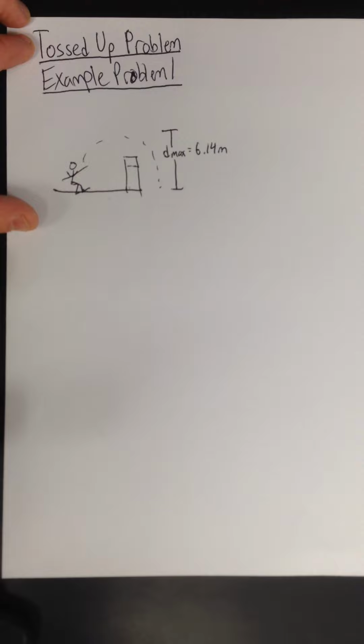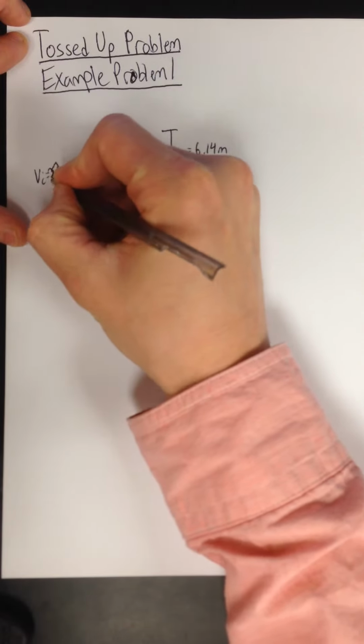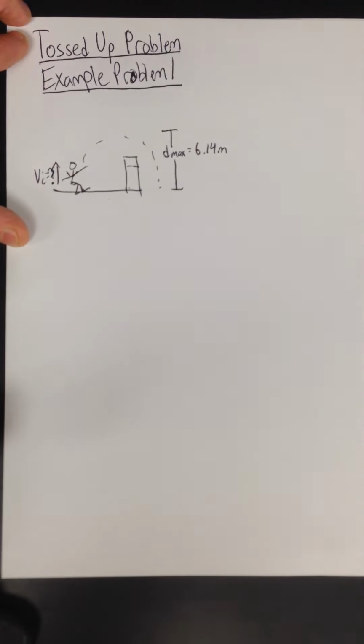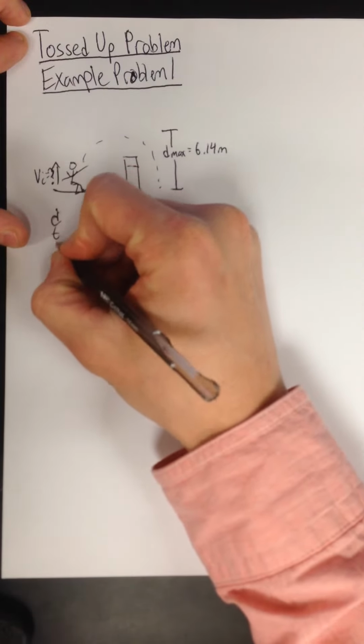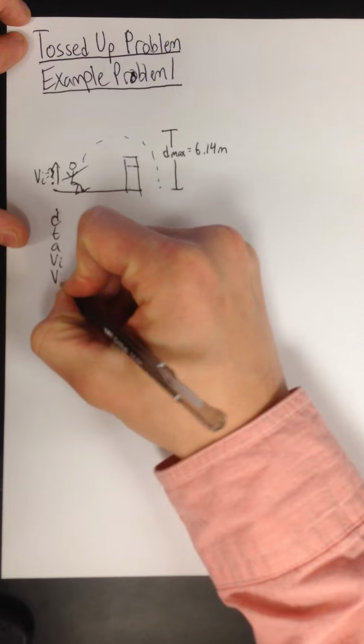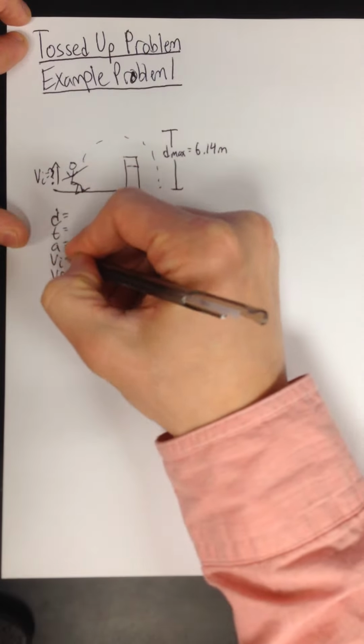Okay. And we could start now to list our givens and try and solve for first what speed, what initial velocity does he leave the ground with. That's going to be initial velocity because it's right when he enters the air. So we got D, T, A, VI, and VF are always our givens using the kinematic equations.